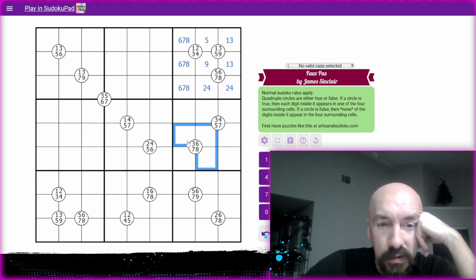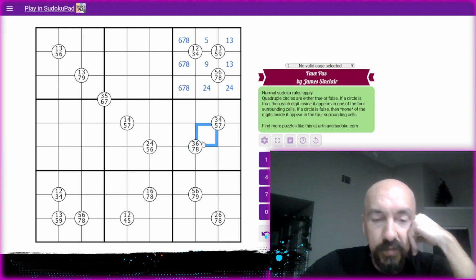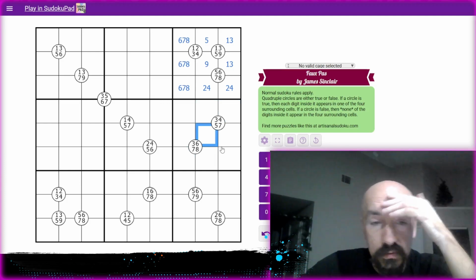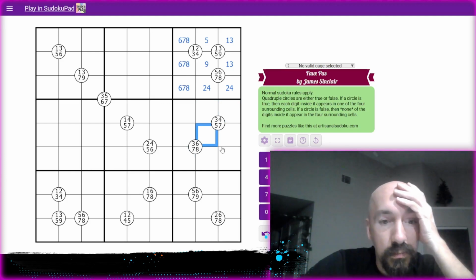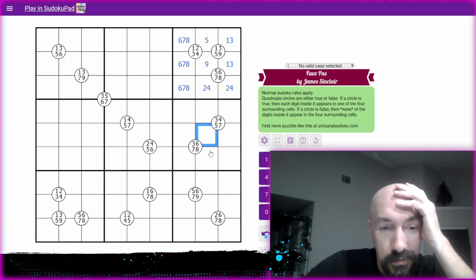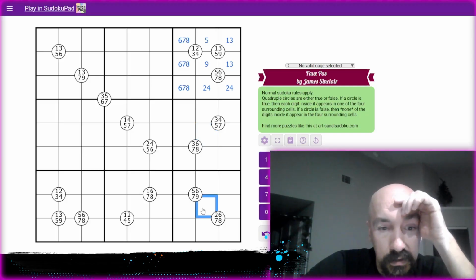So these cannot both be true, because then a 3 and a 7 would both have to be here, and that's impossible. So this one cannot be a 3 or 7. Okay. This could be a 7, and then they were both true. No, they can't. They can't both be true.